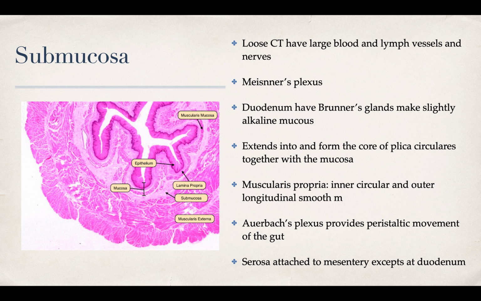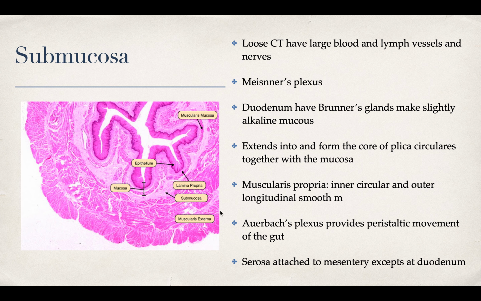The submucosa is going to be innervated by the Meissner plexus, and then the duodenum will have the Brunner's glands, and that makes the alkaline mucus in order to break down the triglycerides in the food and to protect the small intestine from gastric secretion. And they extend into and form the core of the plica circularis together with the mucosa.